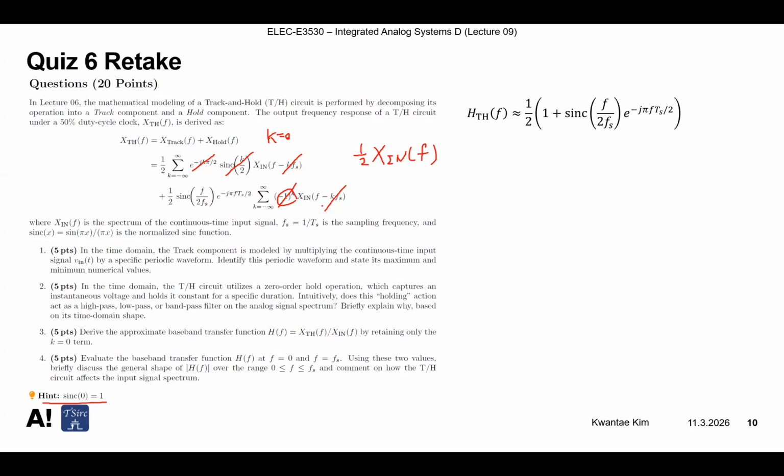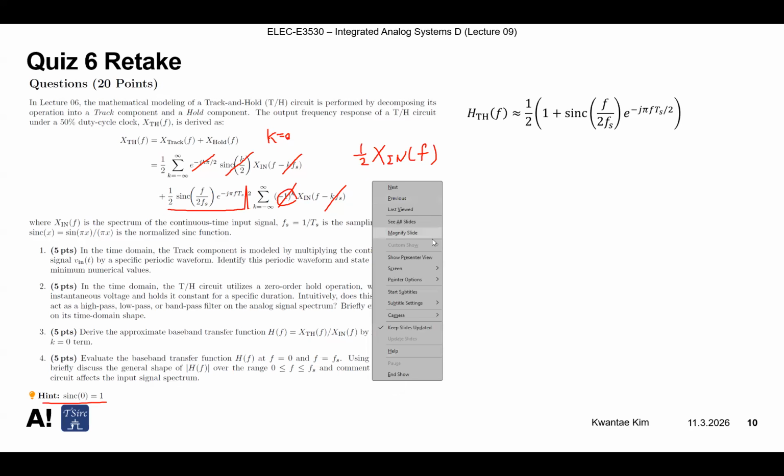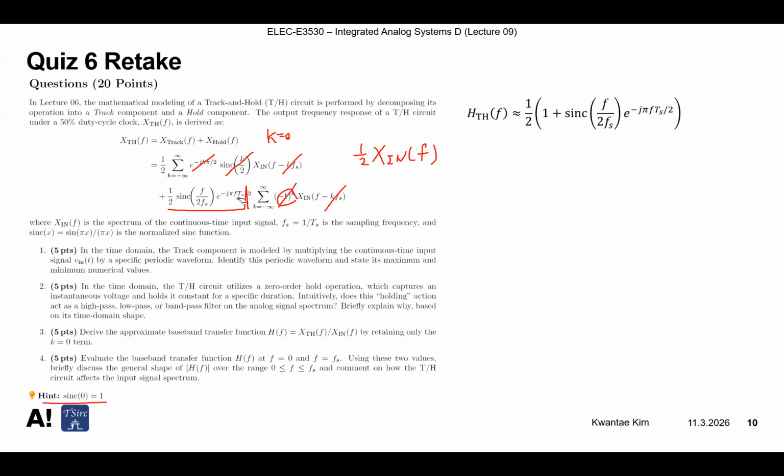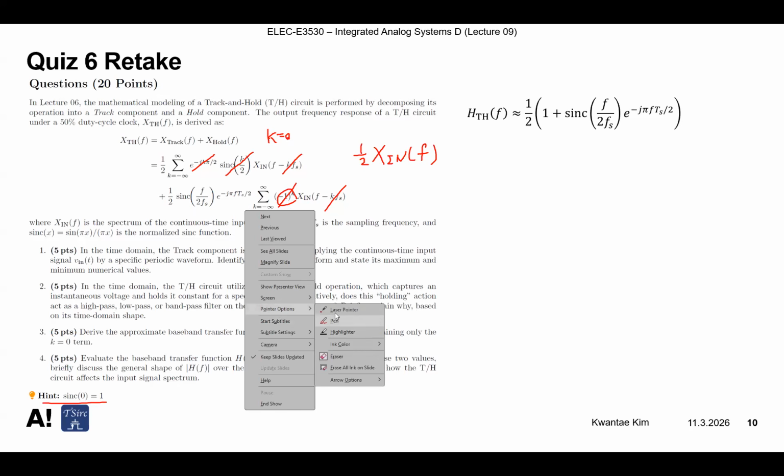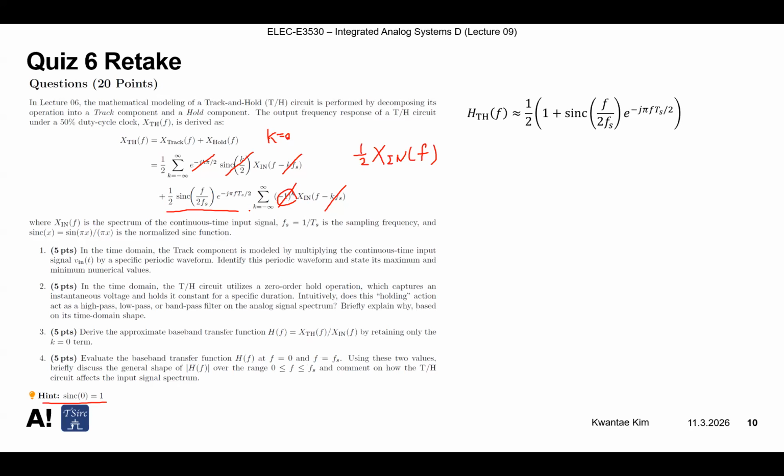So this is the track mode, and for the hold mode, this component arrives and X_in(f) also becomes active. So here is the result.